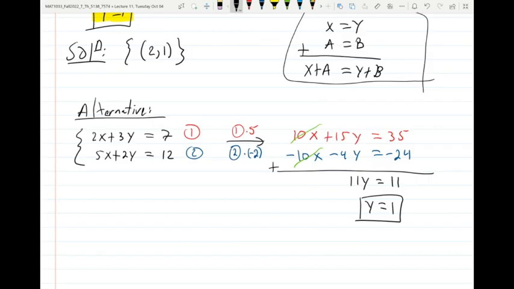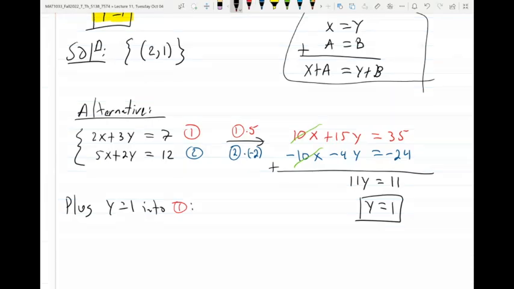So we found y. And once you have y, what do we do? How do we find x? Well, go to the original problem, plug in your y, whichever your favorite equation is, and so forth. Okay? So now what I'm going to do is plug y equals 1 into the first equation to solve for x.